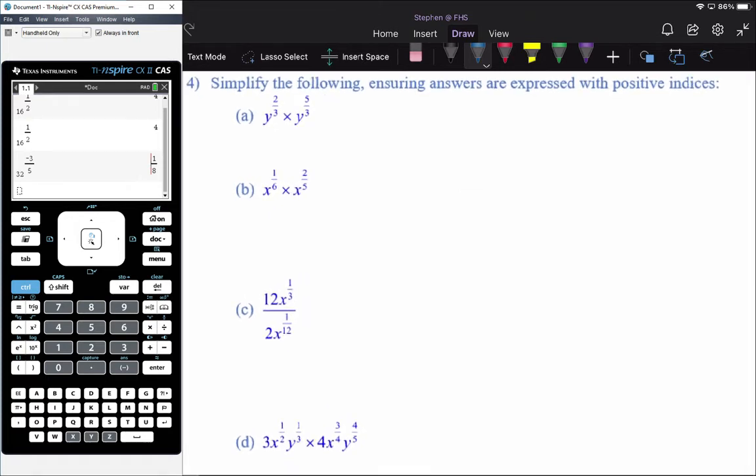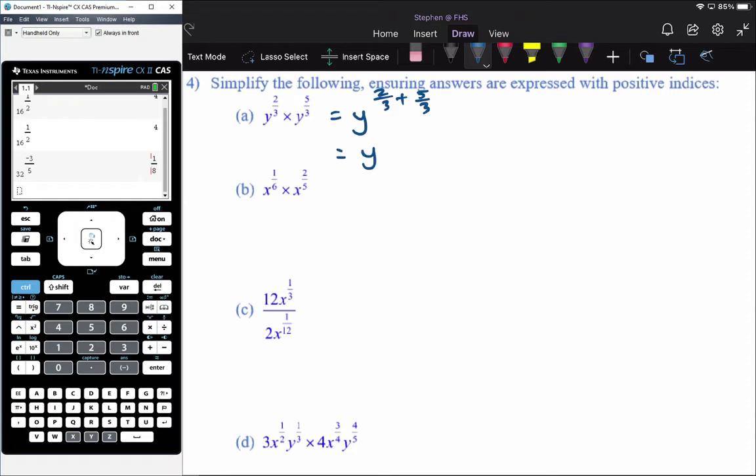So for A, we have y to the 2/3 times y to the 5/3. So this one, I'm just going to rewrite it as y to the power of 2/3 plus 5/3. Because remember, when you multiply two expressions with indices, you got to add the actual indices themselves.